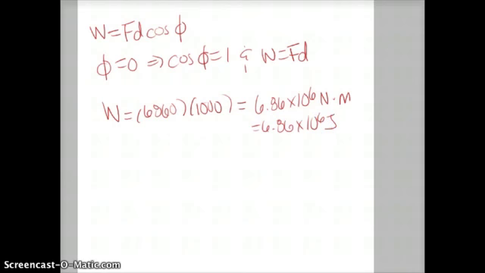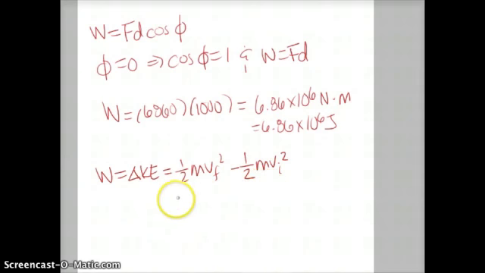Now, what else do we know about work? Well, we know through the work energy theorem that work is equal to the change in kinetic energy. So that's going to be equal to 1/2 m vf squared minus 1/2 m vi squared. In our case, we're going to take vi to be equal to 0 because the boulder begins to roll from rest.